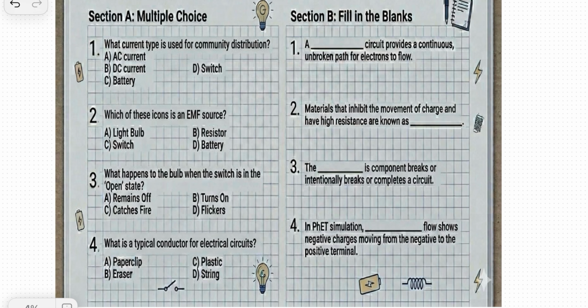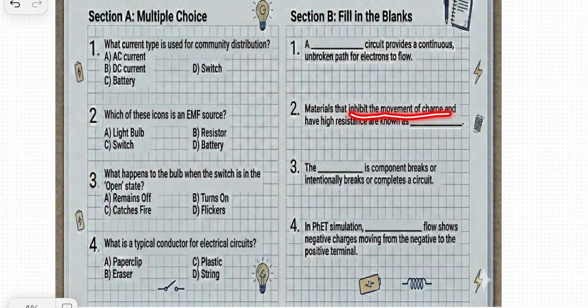Now fill in the blanks type of question. A dash circuit provides a continuous unbroken path for electrons to flow. So which type of circuit will it be? Closed or open? Yes, it will be closed. Materials that inhibit the movement of charge and have high resistance are known as insulators or conductors?